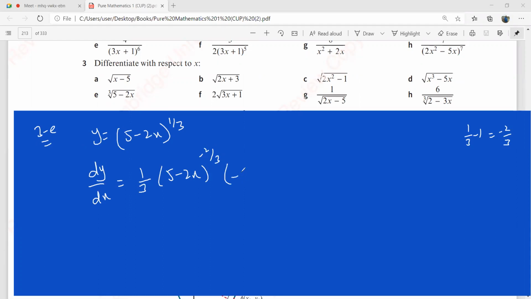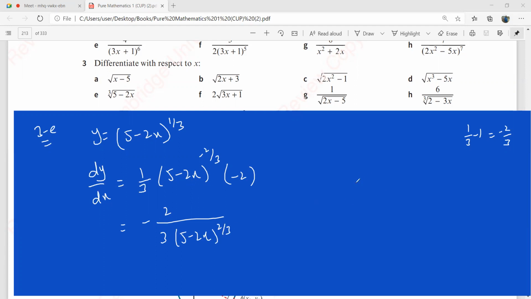And this is going to be minus 2. The derivative of 5 minus 2x is minus 2. So this is minus 2 over 3, and we move this down here. So this is 5 minus 2x raised to power 2 over 3. That is the final answer.